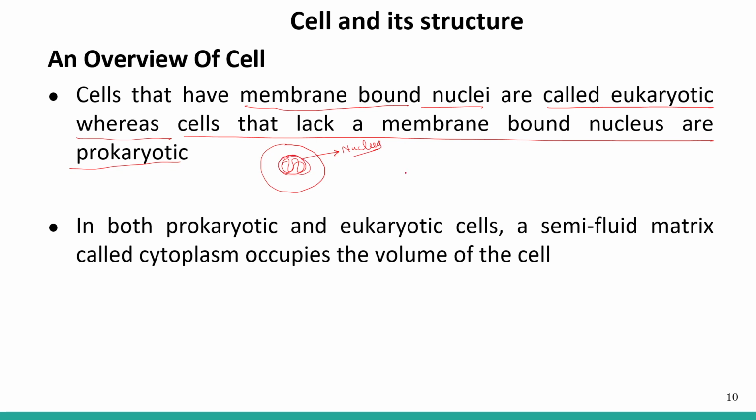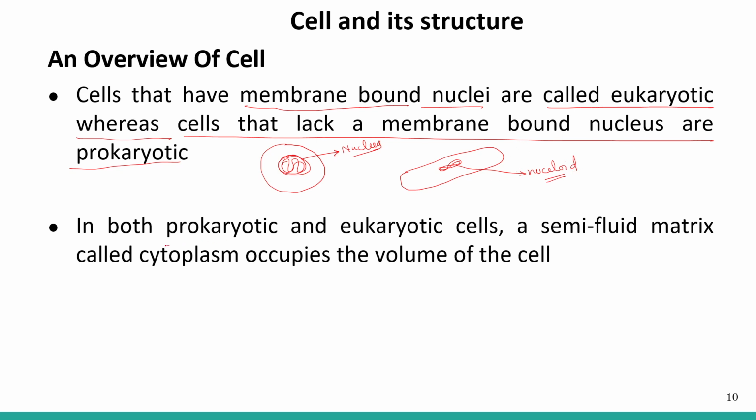But if we see the structure of a bacterial cell, there is no membrane bound structure. The chromosome is present in the cytoplasm itself. Okay, and this is called the nucleoid. This is not a true nucleus. So this is in the case of a prokaryotic cell.